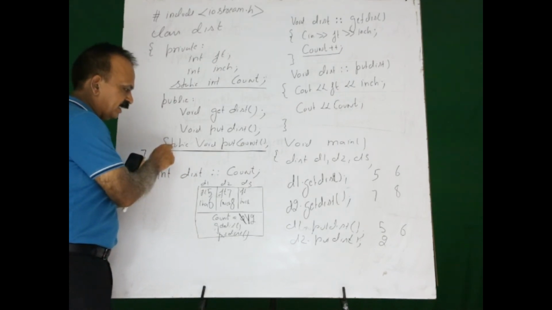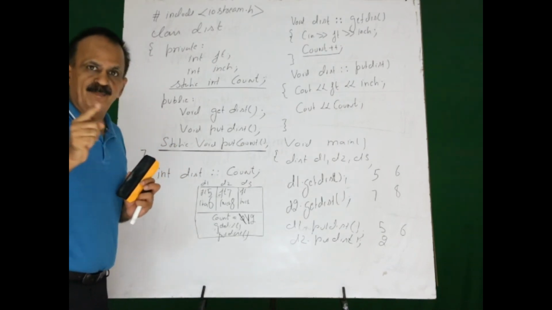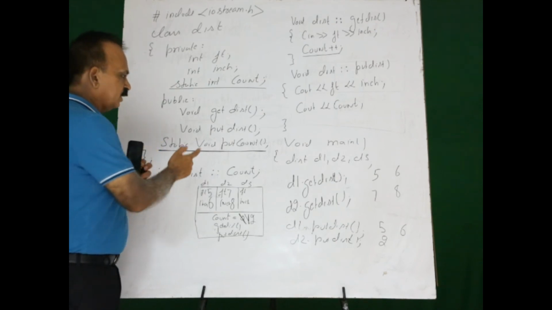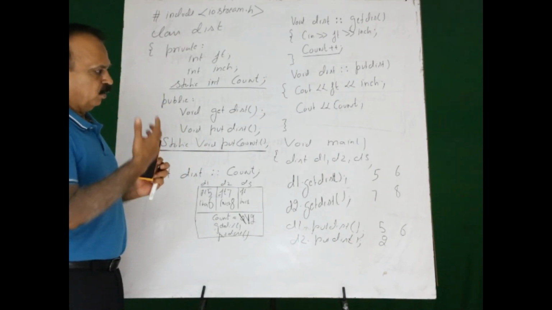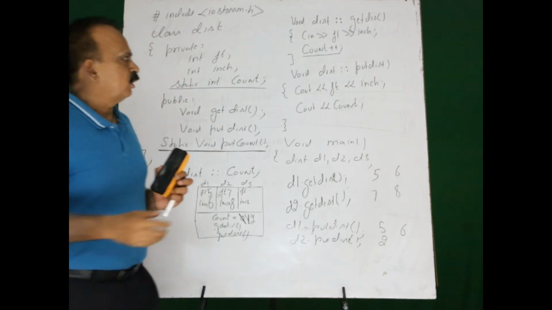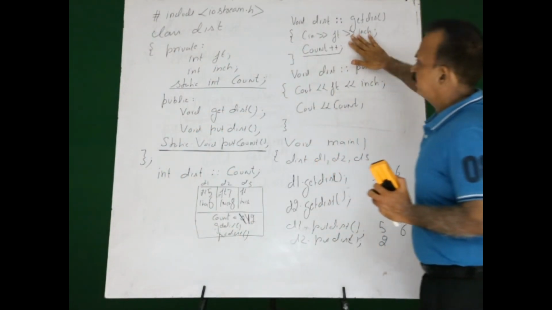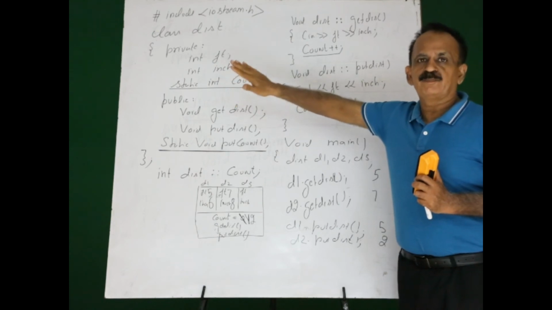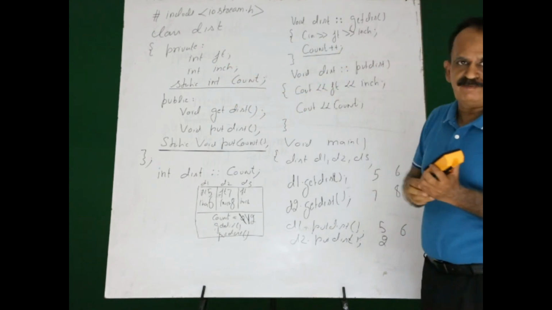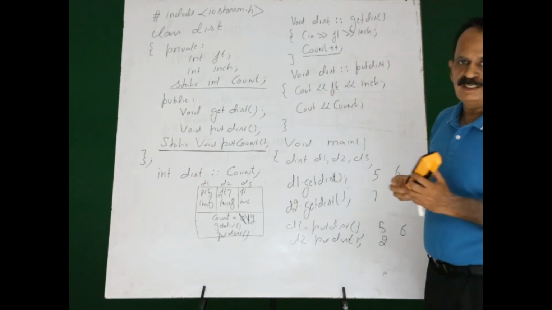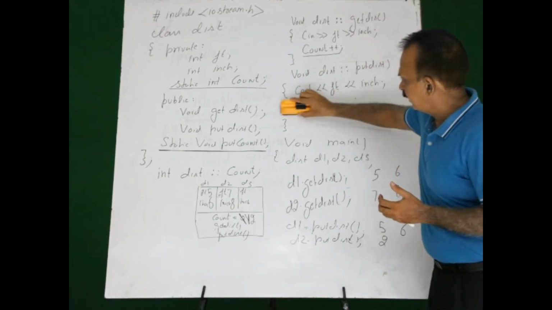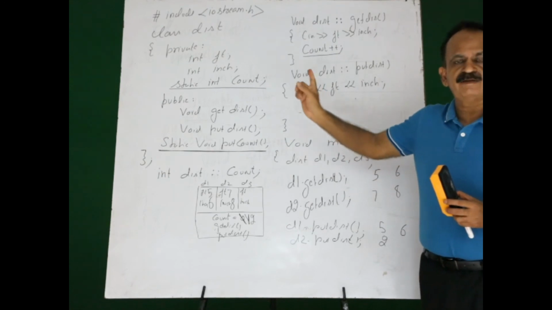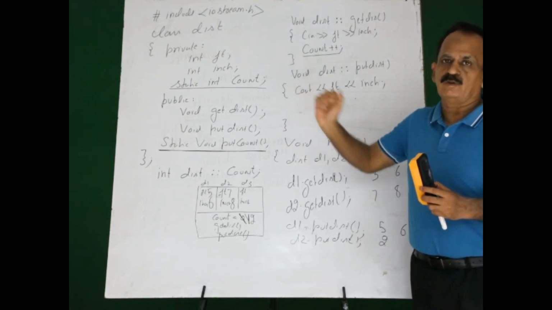I declared it as a static member function. This is how the static member function is declared. Now, what will be changed there? This function will remain the same because it is to input the value as well as to increment the value of count. I will remove the print statement from this function, since this is only to print the value of count.